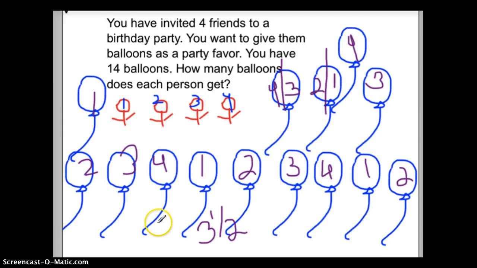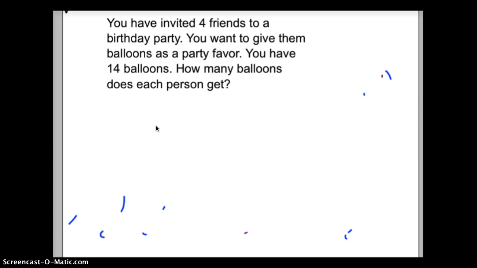Again, they don't have to draw all of these pictures out. Let me clear this and I'll show you what more advanced kids can do with this. A more advanced child might know right away that there are fewer friends than there are balloons, so they're going to get a whole. So we can quickly say, how many times does 4 go into 14, or 14 divided by 4 equals what?